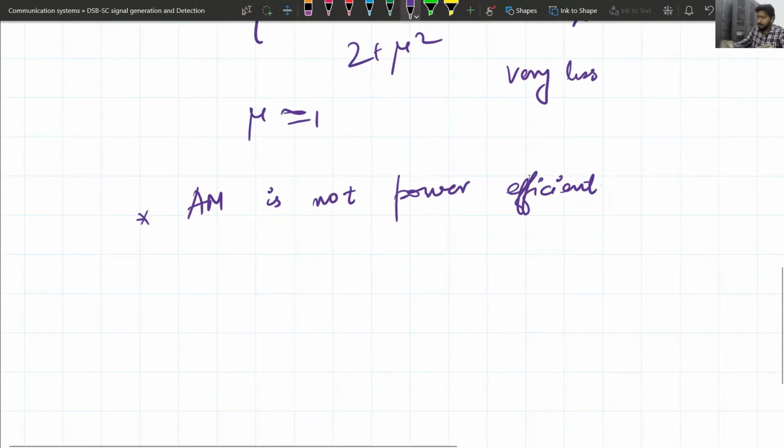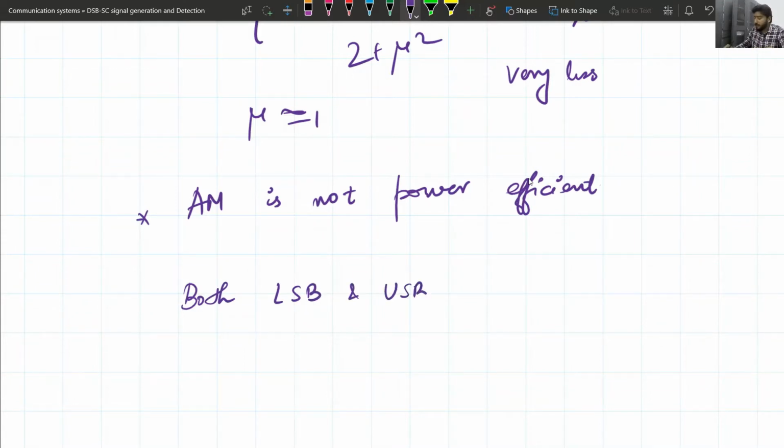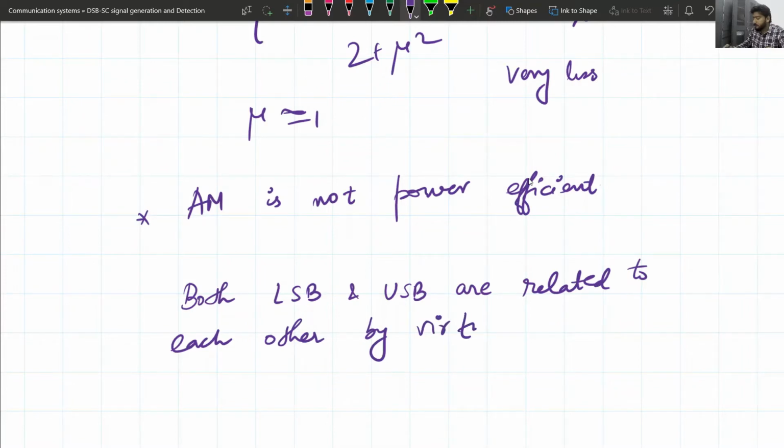You can write a point here that both the lower sideband of the message signal and the upper sideband are related to each other by virtue of symmetry.